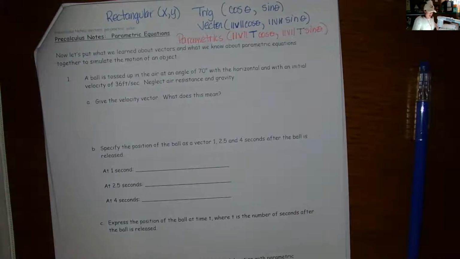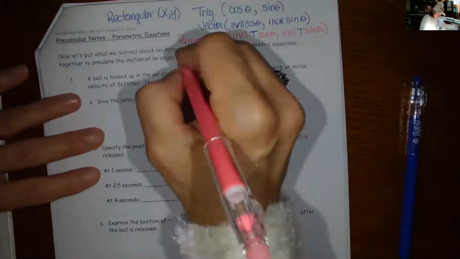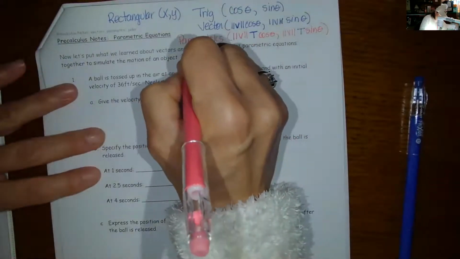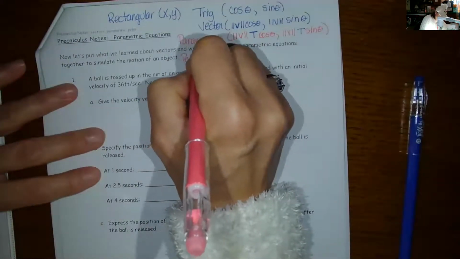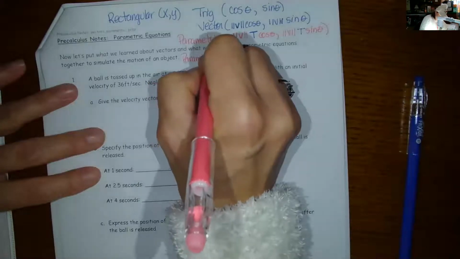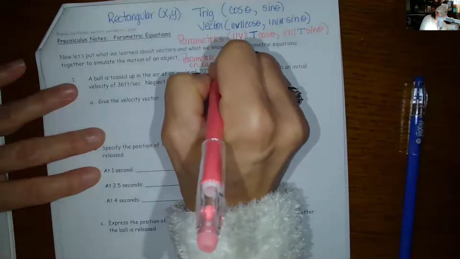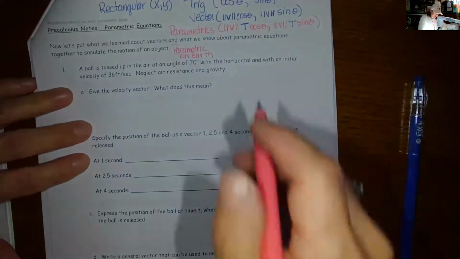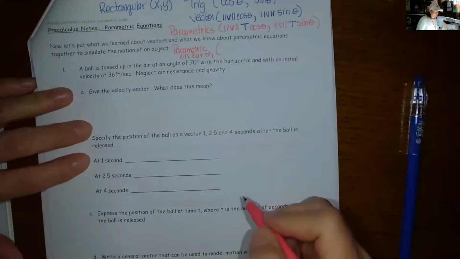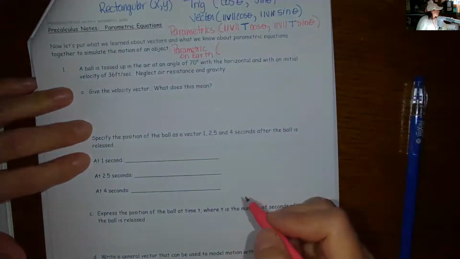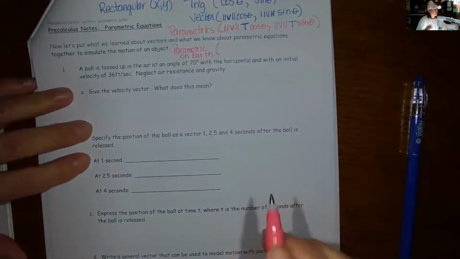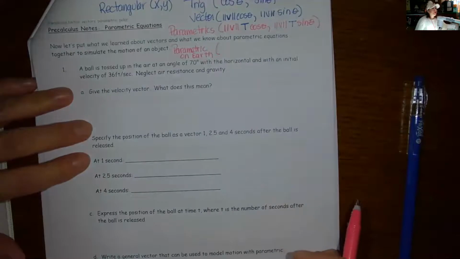Okay. Let me take this one step further. I'm going to call this parametric on Earth. Now, how many of you live on planet Earth? How many of you float? We don't.